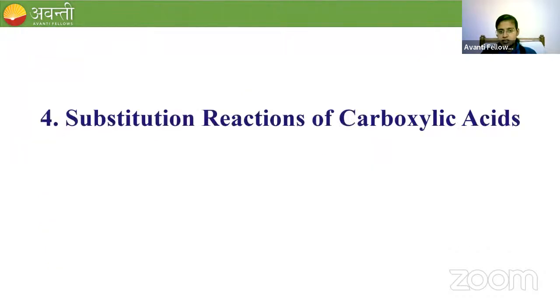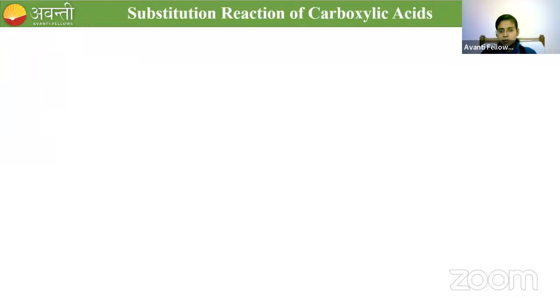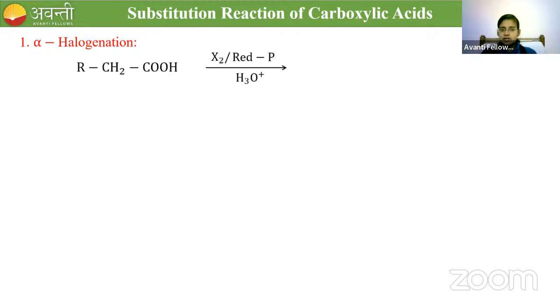Substitution reactions. The very first substitution reaction is called alpha halogenation. Let me take a carboxylic acid with X2, where X2 means halogen, in the presence of red phosphorus and H3O plus, and I will get a compound like this. This C double bond O is called the carbonyl carbon, and the carbon attached to it is called the alpha carbon.